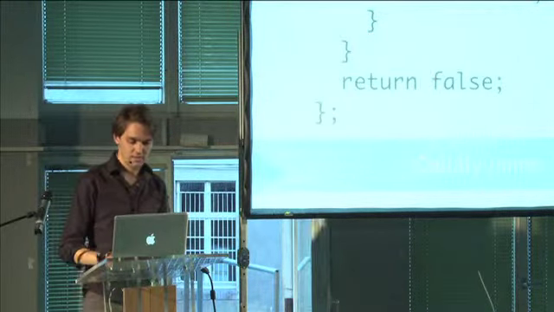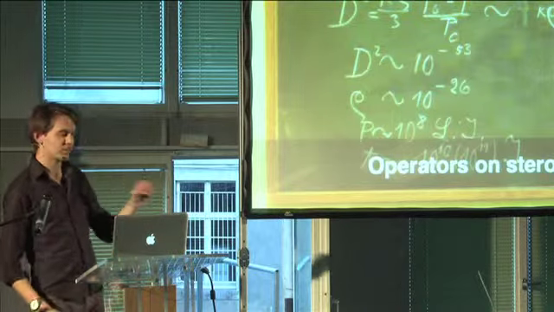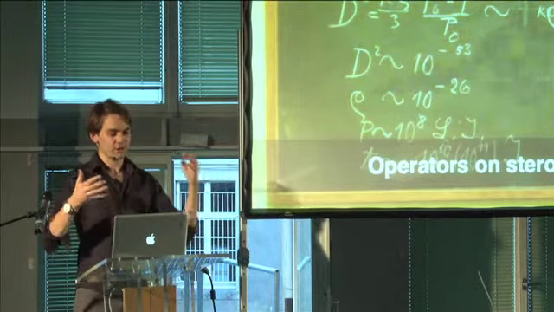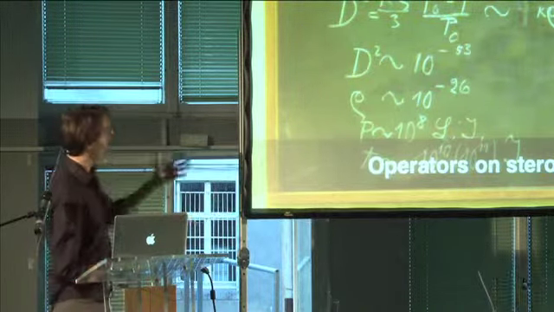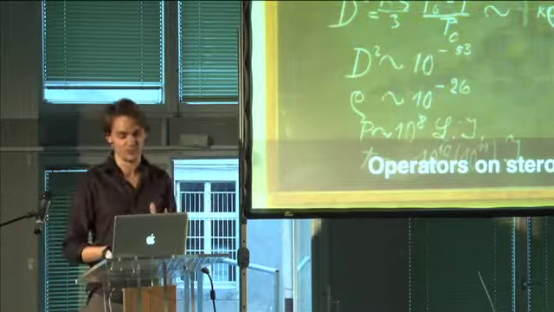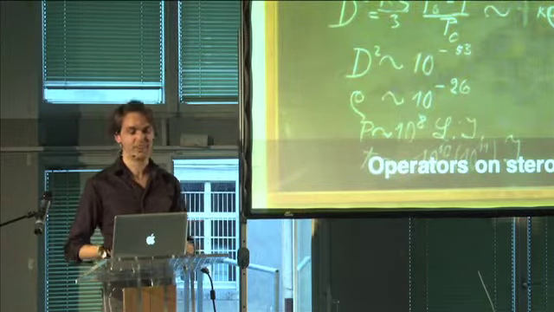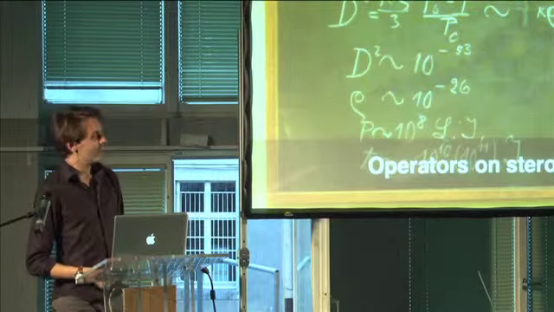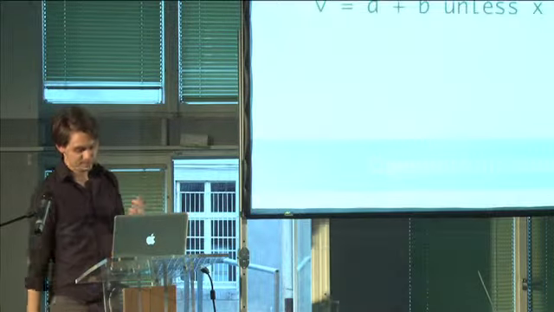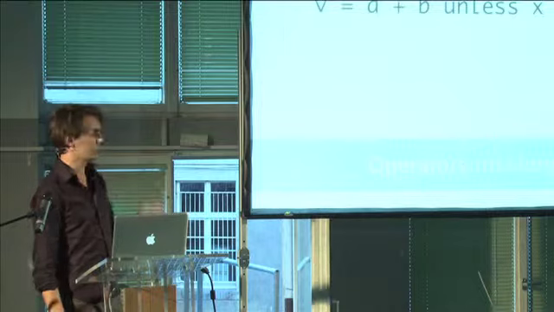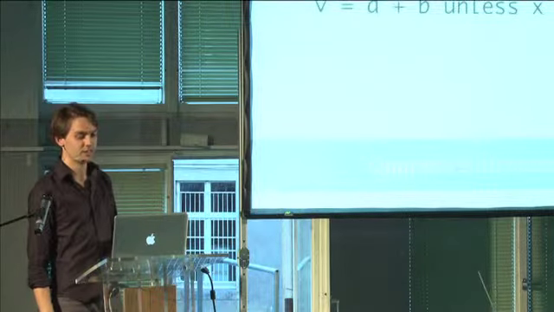Secondly, we need operators. And I don't just mean having operators like in JavaScript. I mean operators on freaking steroids, so they can do anything you want. Or not anything, but more things. I took this example from, well, Ruby or CoffeeScript or other languages that have the unless statement.